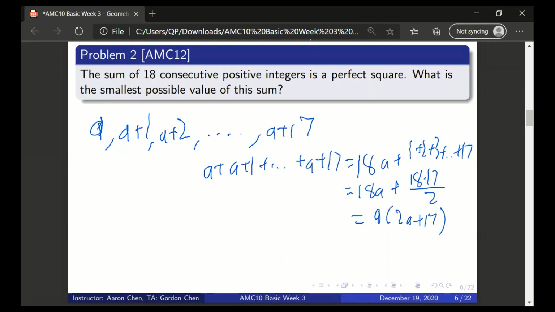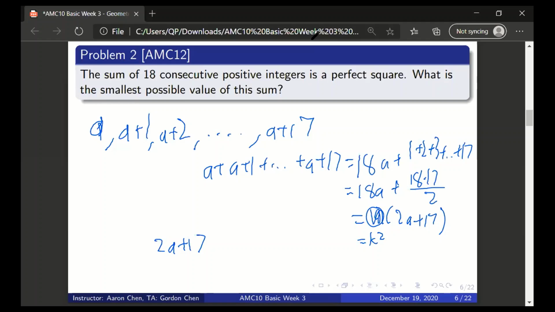And so this must be a perfect square, so it must equal k squared for some integer k. Now 9 is already a perfect square, so we can effectively ignore it. What we really want is for 2a plus 17 to be a perfect square.